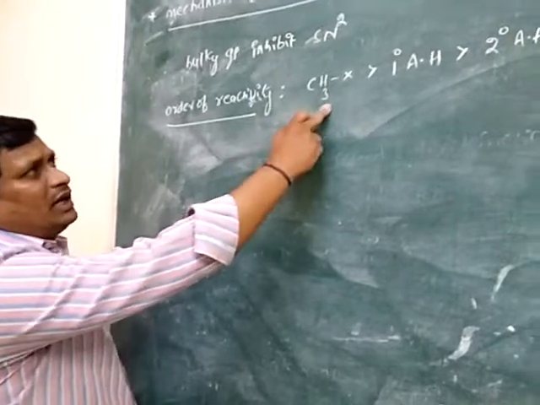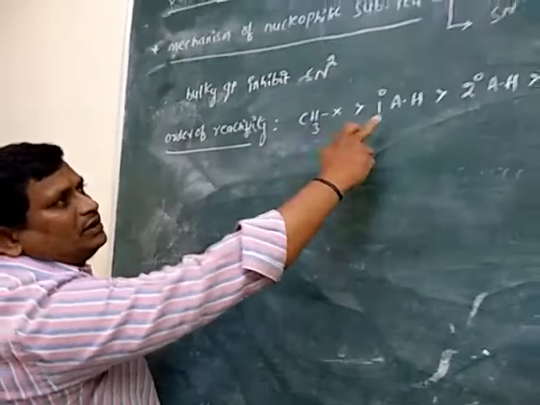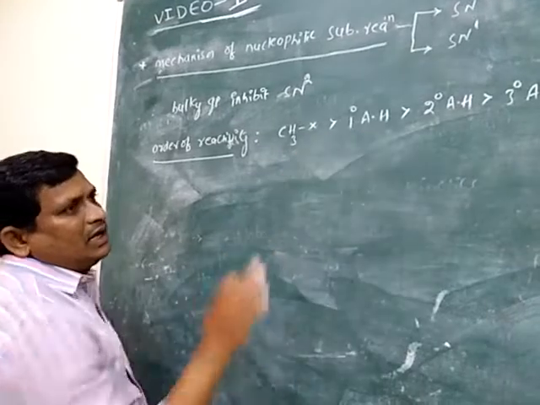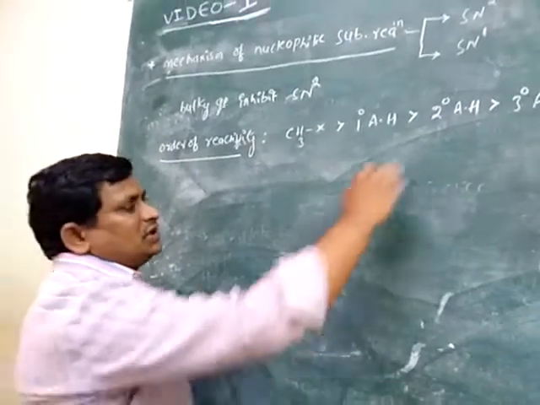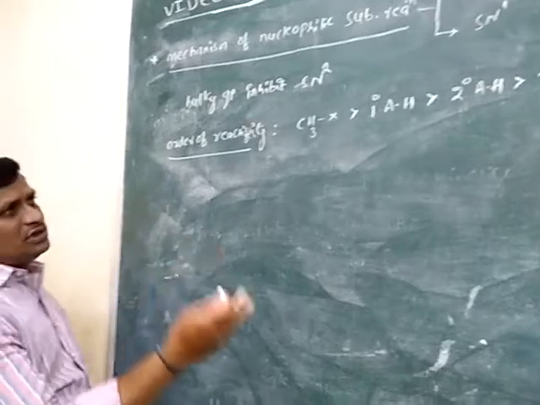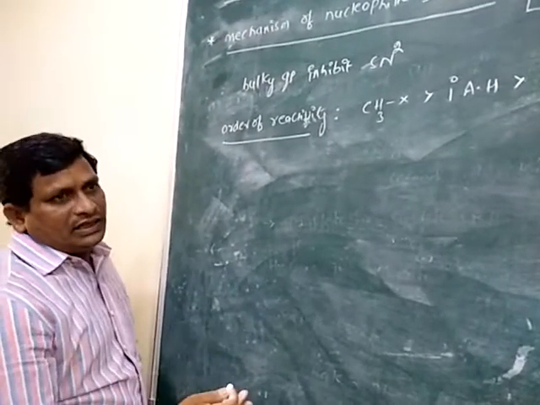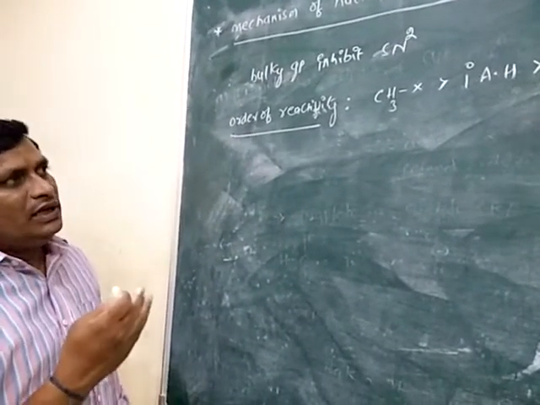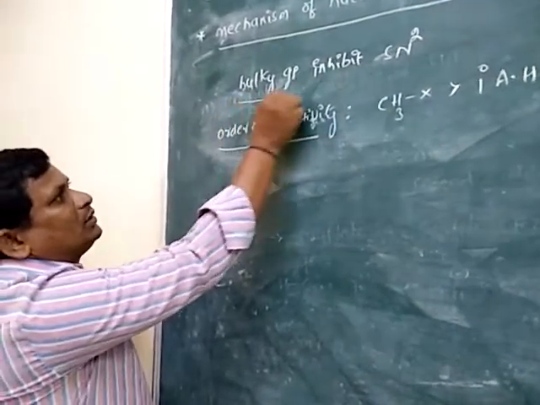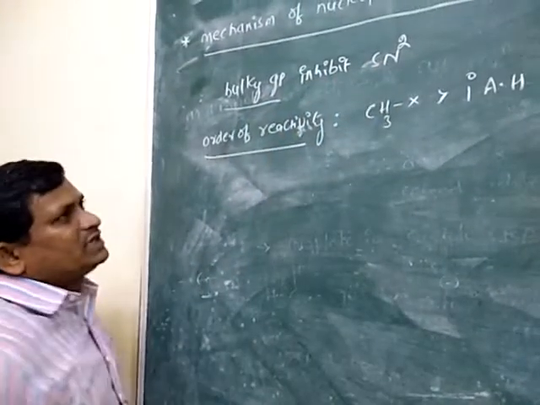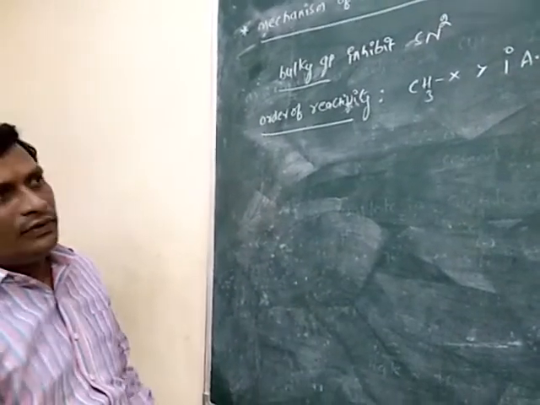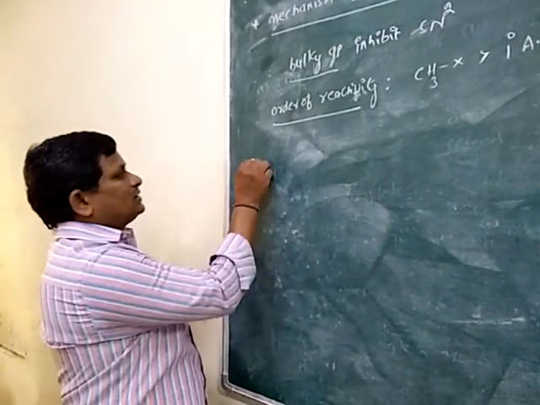The simple methyl halide is more reactive compared to the primary alkyl halide. The primary alkyl halide has no branches, the secondary has 2 branches and the tertiary has 3 branches. As the number of branches increases, reactivity decreases due to the decrease in surface area. So bulky groups inhibit SN2 reactions. So these are the bimolecular nucleophilic substitution reactions.